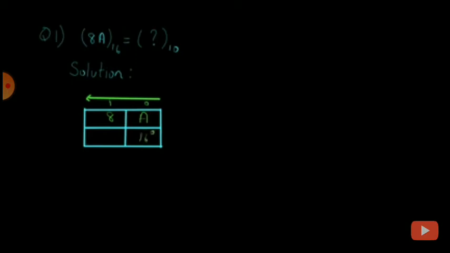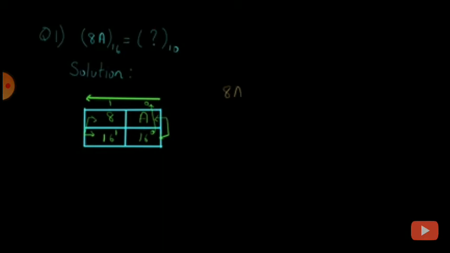That is, this is 16 raised to 0. Now this 0 is the positional value. So this would be 16 raised to 1. Now to calculate the decimal equivalent, we need to take the sum of multiplication of these two values and these two values.